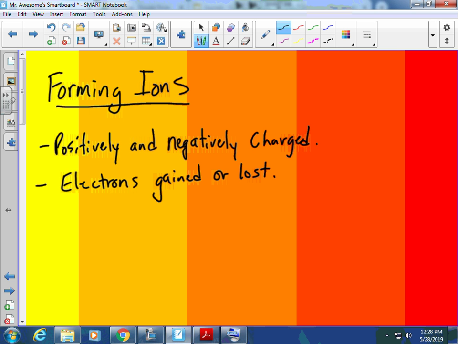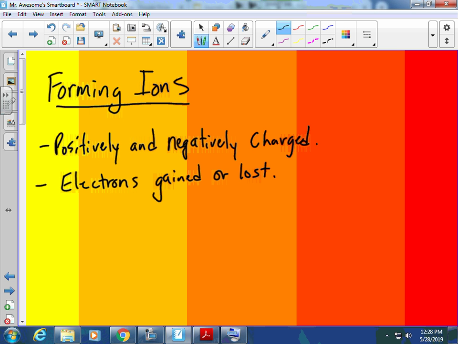We know that because of differences in electronegativity, certain atoms have a stronger pull on electrons, other elements have a weaker pull. So those with a weaker attraction to the electrons are going to lose them, and the elements with a stronger pull on electrons are going to gain them.